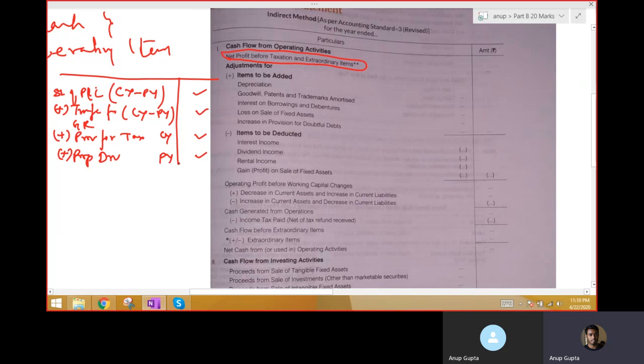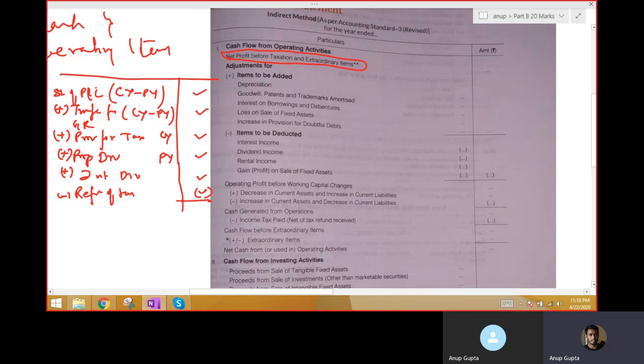Then we add interim dividend. Interim dividend is a dividend paid during the year, because dividend is generally paid at the end of the year. So any dividend paid on an urgent basis during the year is known as interim dividend. Only one thing is subtracted, that is refund of tax.